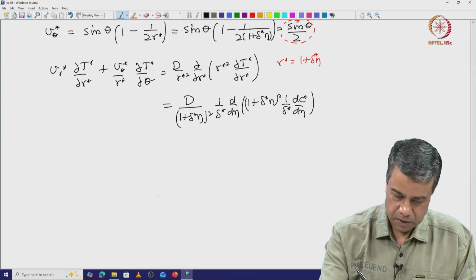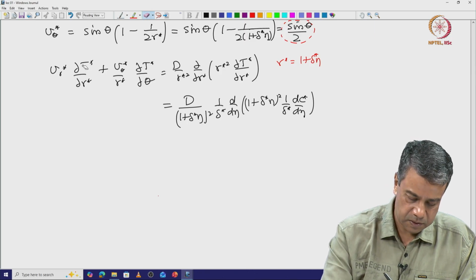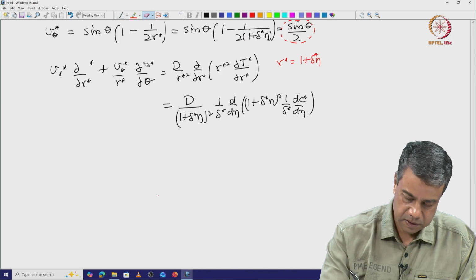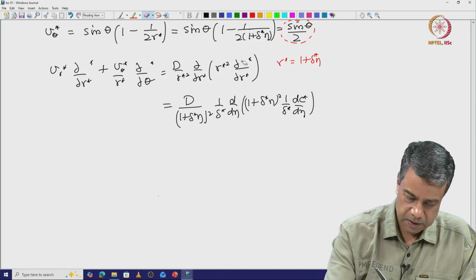And I am solving for the concentration field. So, I should use C for each of these, not for the temperature field.